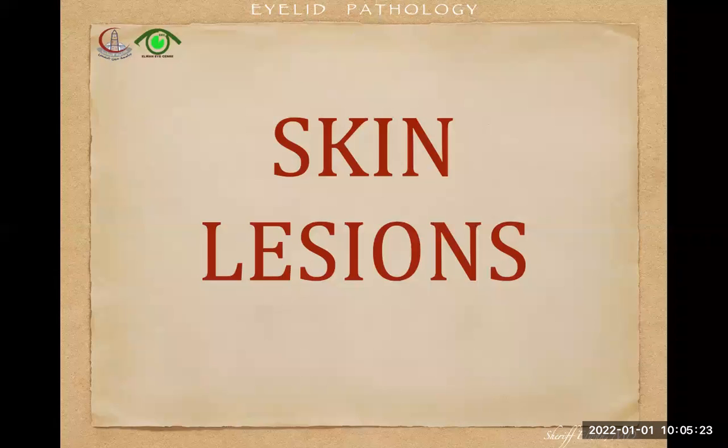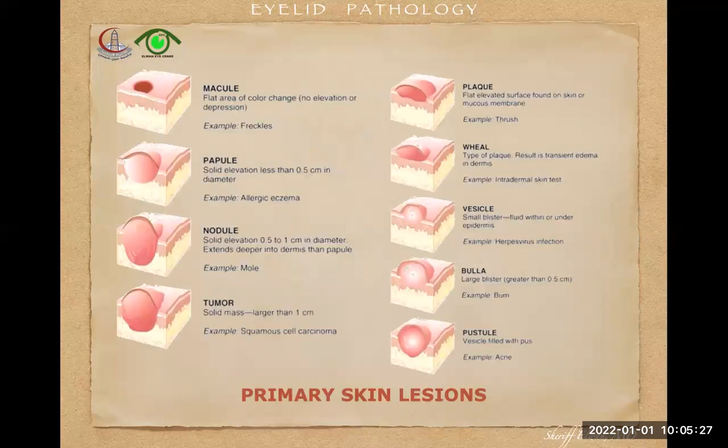Now we come to the pathological description of skin lesions, and as you can see, a skin lesion might be a flat area of only color change with neither elevation nor depression, and this is called a macule.